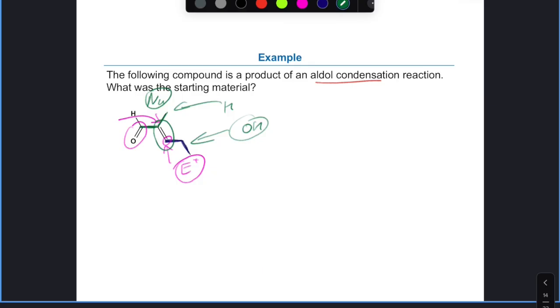So if we take this step by step, first off is figure out your major fragments, find your alpha-beta unsaturated system. The alpha center to the carbonyl, that's your nucleophile fragment. The carbon-carbon double bond, that's replacing where the carbonyl used to be on your electrophile. So the immediate next step, if I was just to add water to this system, then the carbonyl is still in place.